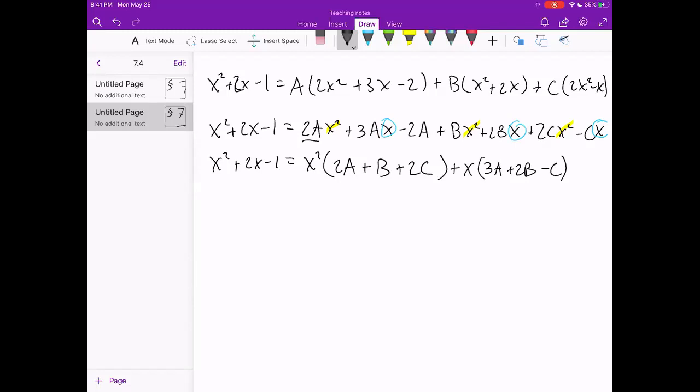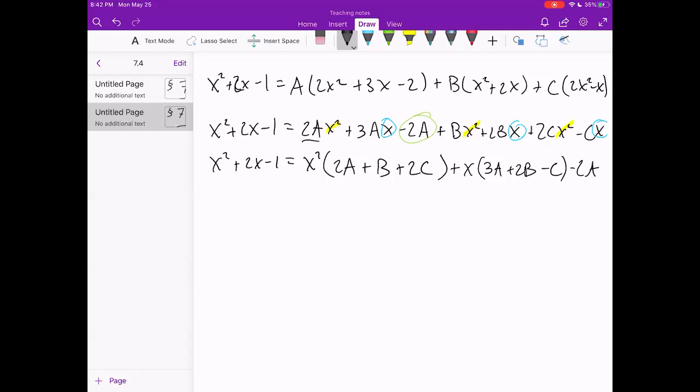So I'm just collecting these and factoring out the x squareds, the x's, and now my constant terms. So my constant terms are the ones that don't have an x in them. And I only have one here. So it's just the minus 2a, right? So I can double check that, 3a, 2b minus c. Yep, so my work is good so far.